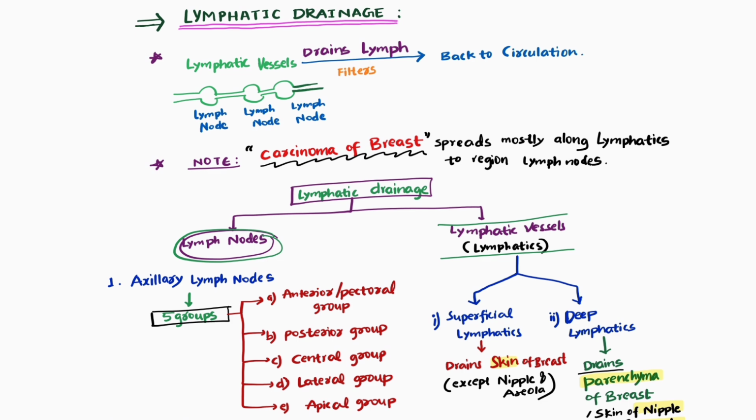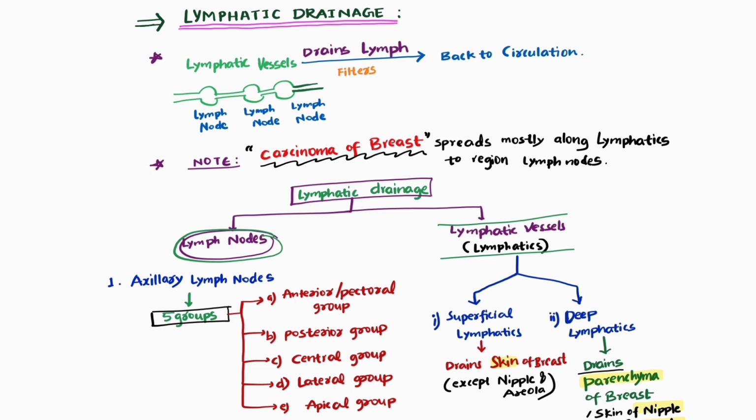Histologically, the lymph node has a trabecular meshwork, which traps microorganisms, bacteria, toxins and so on. So it filters the lymph. This trabeculae has the lymphocytic tissue which will kill the microorganisms, and it acts as a filter. So the lymphatic vessels drain lymph, which is filtered and returned to circulation.